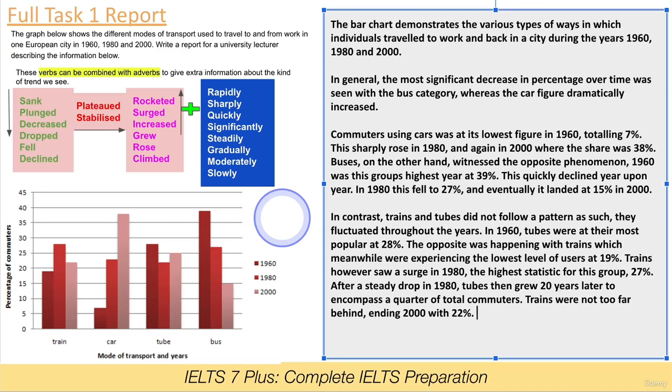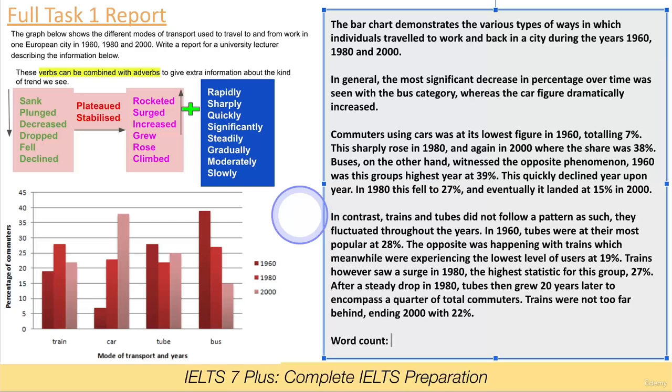Trains, however, saw a surge in 1980, the highest statistic for this group, 27%. After a steady drop in 1980, tubes then grew 20 years later to encompass a quarter of all total commuters, maybe. Trains were not too far behind, ending 2000 with 22%.